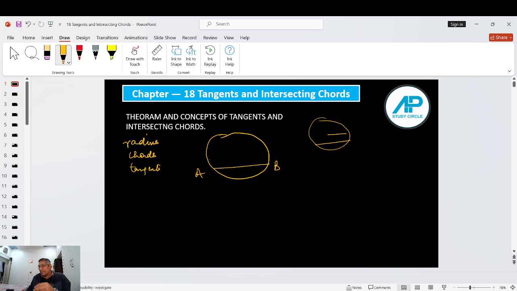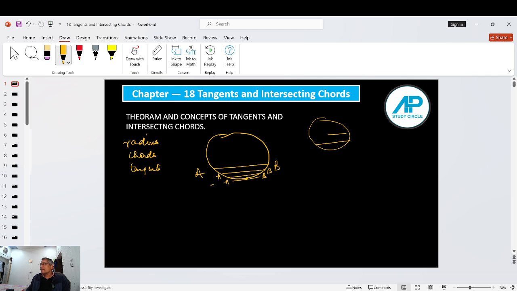I will take it up again later in the chapter, but for a while I focus on tangents. When I keep on reducing this chord so that points A and B come close to each other, there is a limiting value when this line only touches the circle at one point, so that points A and B coincide here.